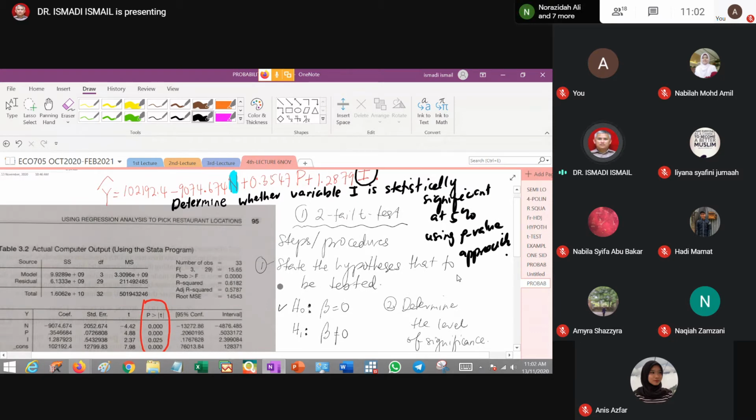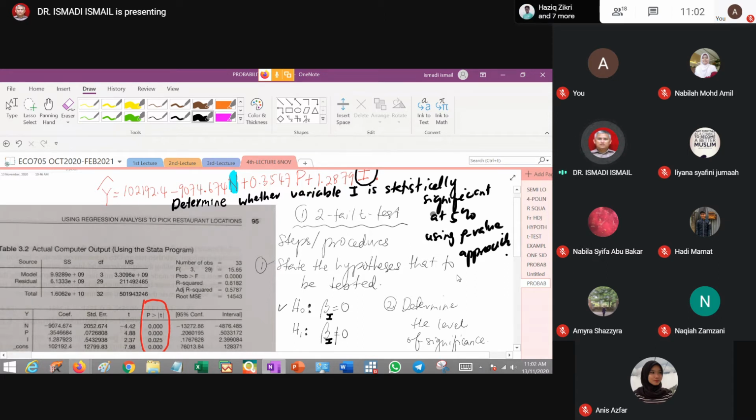So the procedure: state the hypothesis to be tested. H0 states that the true coefficient for variable I is equal to 0, and the alternative hypothesis, the true coefficient for variable I is not equal to 0.